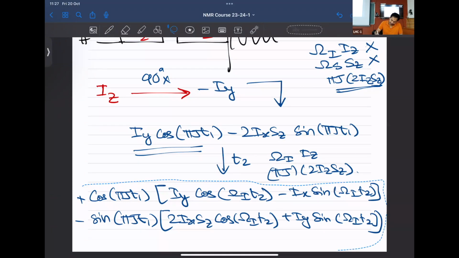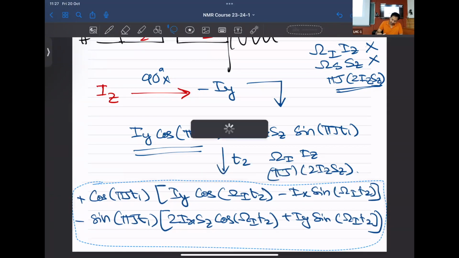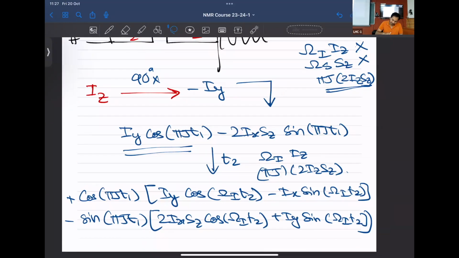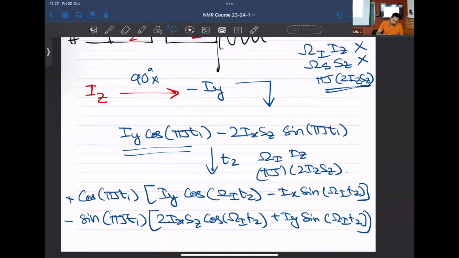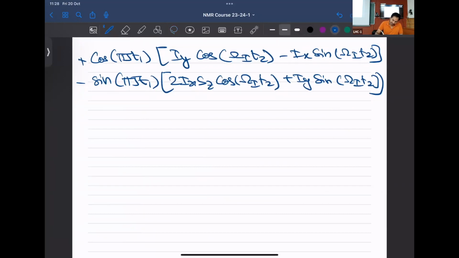The next thing we have to do is to evolve with respect to the scalar coupling. This is not required. Pretty sure you guys already know that if you evolve the chemical shift and scalar coupling, a doublet ends up coming, but let's do it for the sake of completeness so that you understand how this pulse program works.